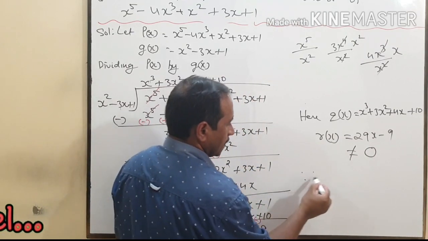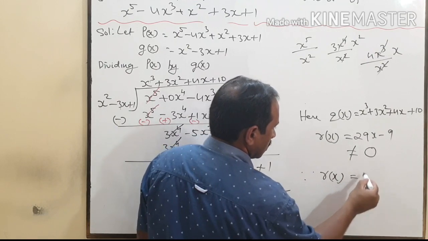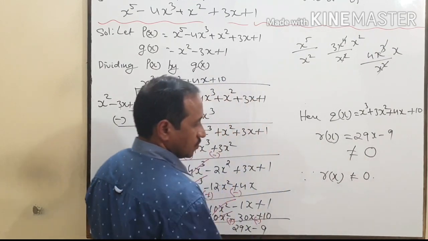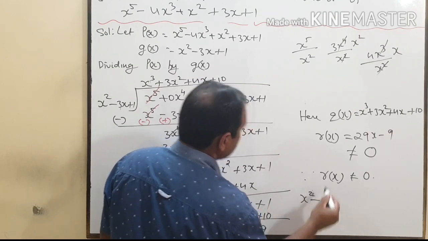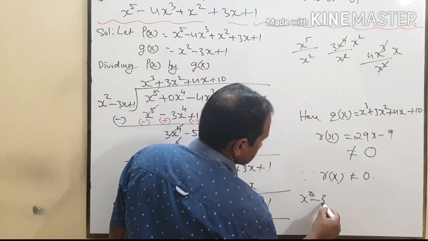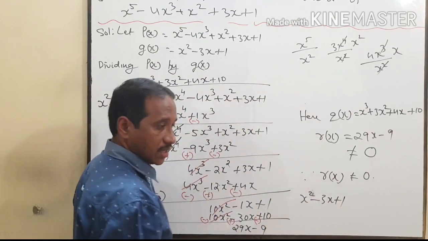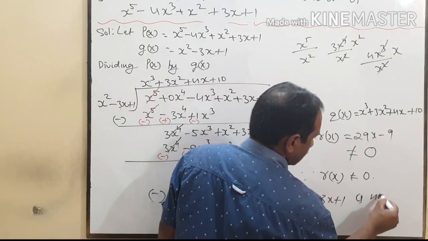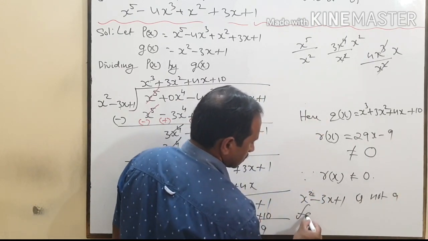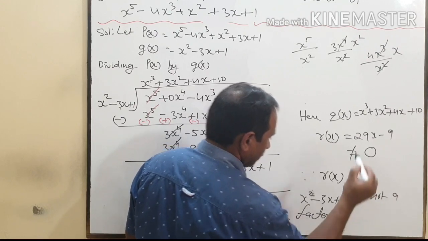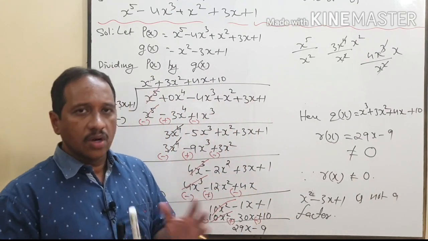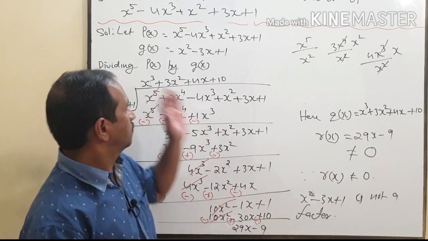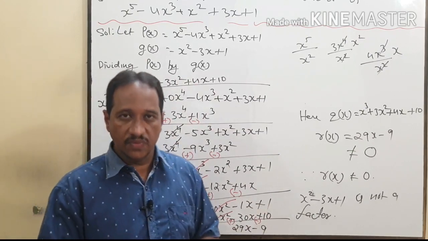Since r of x is not equal to 0, we can conclude that x square minus 3x plus 1 is not a factor. The remainder is not equal to 0, therefore the divisor is not a factor of the dividend.